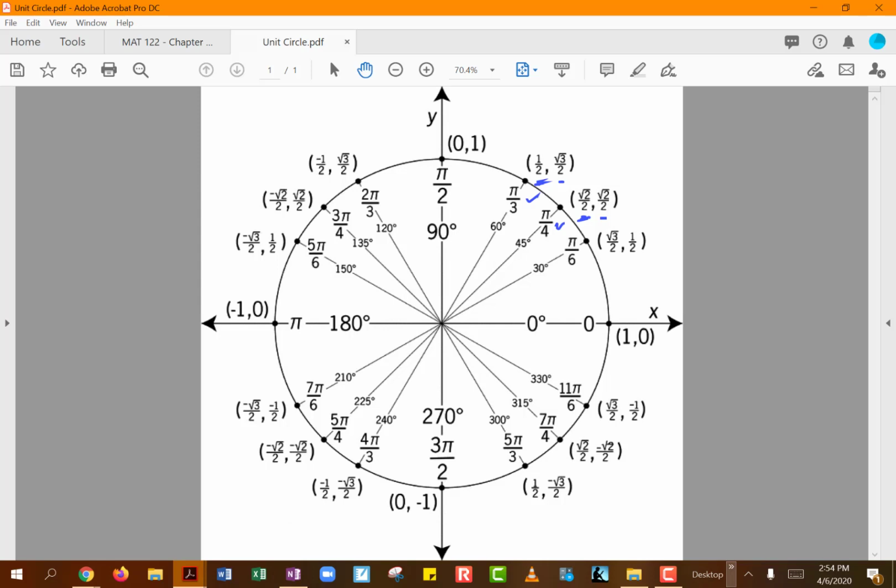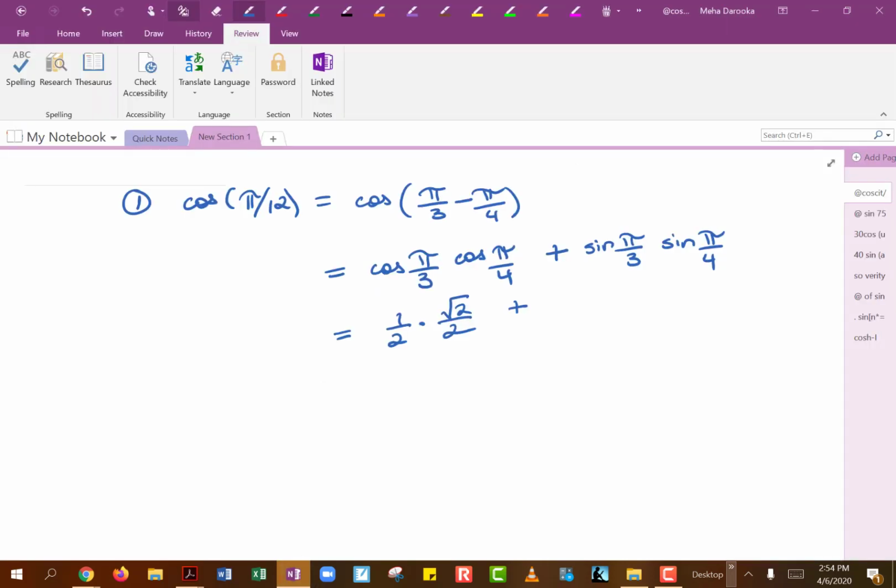For sine of pi over 3, you have square root of 3 over 2, and then of course for sine of pi over 4, you have square root of 2 over 2. So square root of 3 over 2 for the sine of pi over 3, and square root of 2 over 2 for sine of pi over 4.